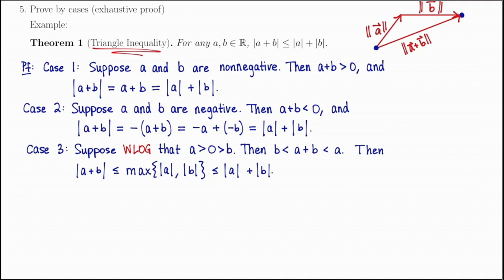Here's a picture of what this last case is illustrating. Let me imagine this is the number line. Here's the number 0. B is going to be a small negative number. A will be a large positive number. If I do a plus b, I'm going to end up around here.